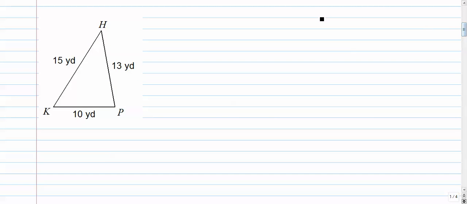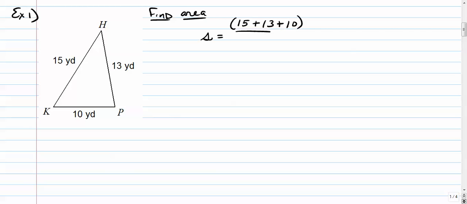Number 1, find the area. Okay, so the first thing we want to do for Heron's is check to make sure we have all 3 sides. We do. So then we're going to find the semi-perimeter. The semi-perimeter is a plus b plus c, all divided by 2.